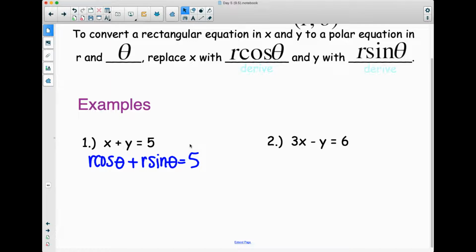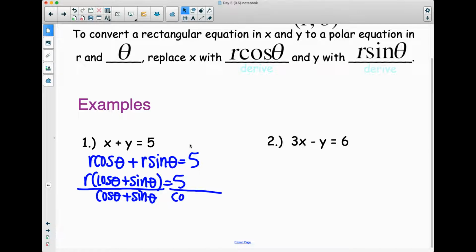So I'm going to factor an r out, and then divide. So r equals 5 over cosine theta plus sine theta.